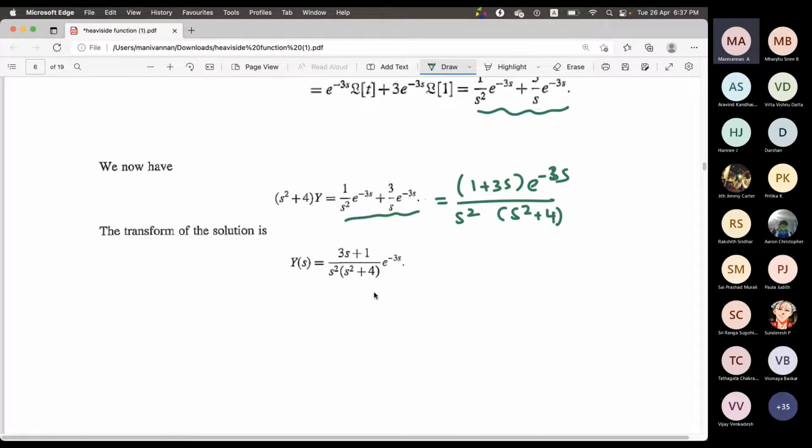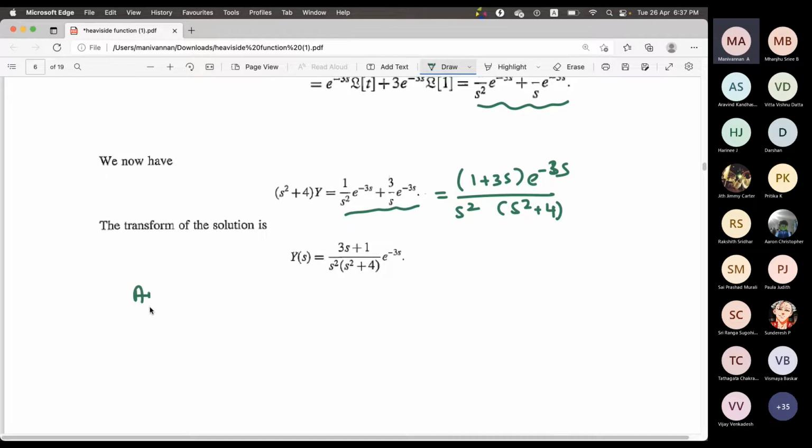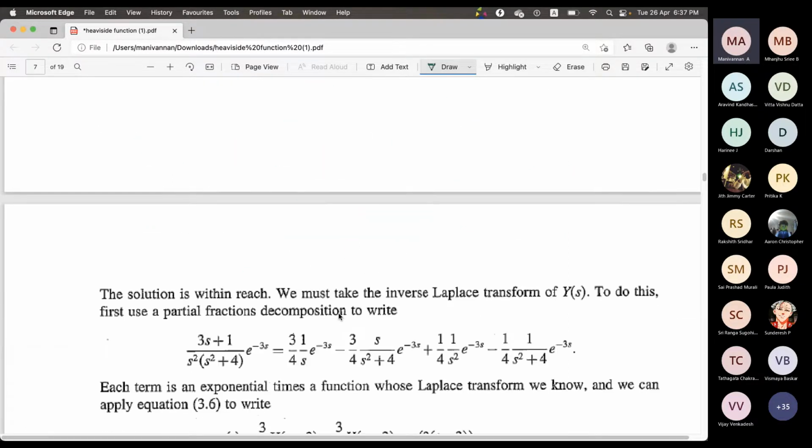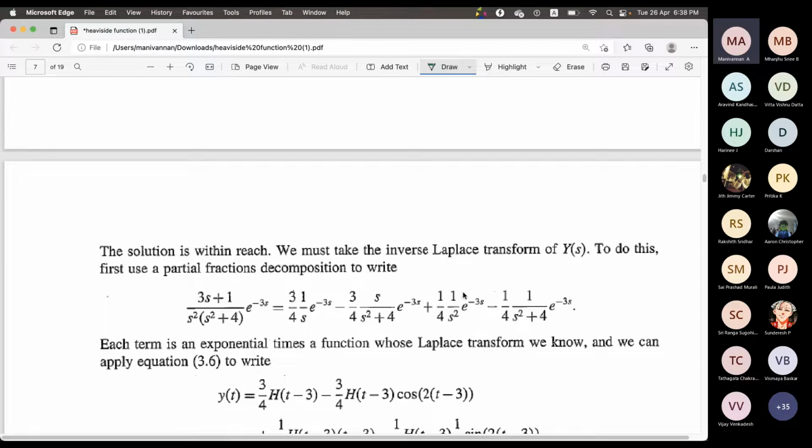For this, we apply the inverse Laplace transform, and before that the partial fractions. Look at this answer: e power minus 3s will be present in all your terms.